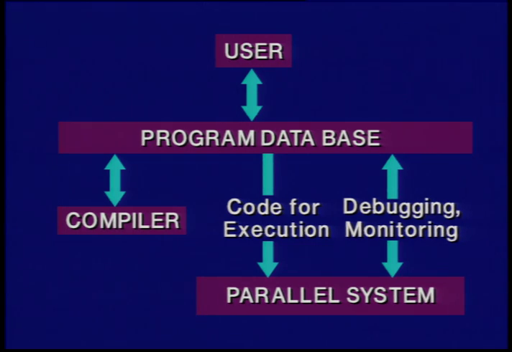And where the user can add information to this, or one can bring in an expert system where details about the parallel hardware underneath can be added in and used by the parallel system.